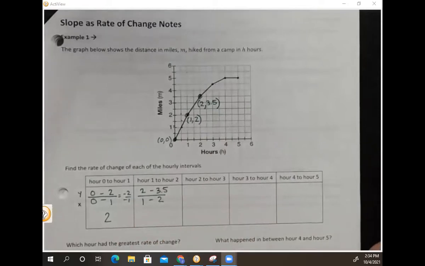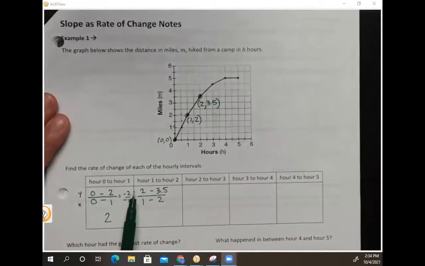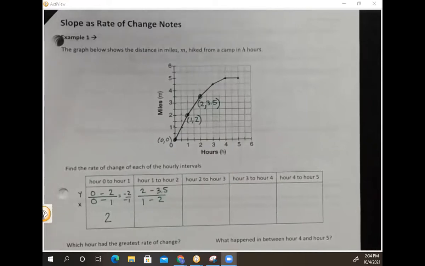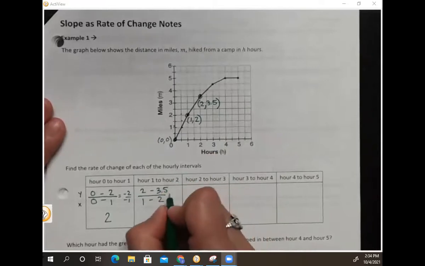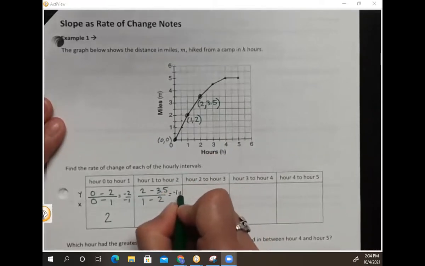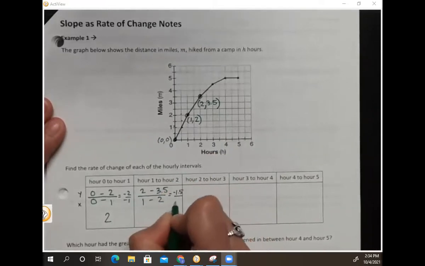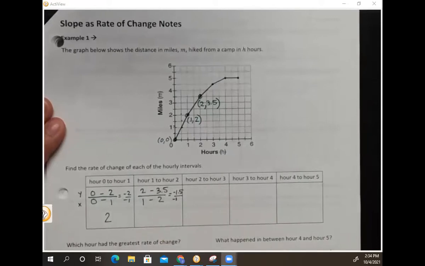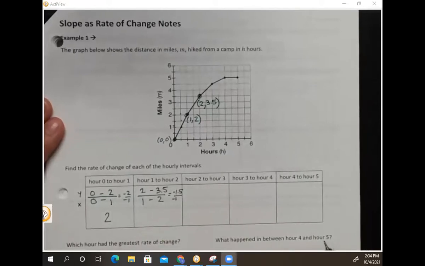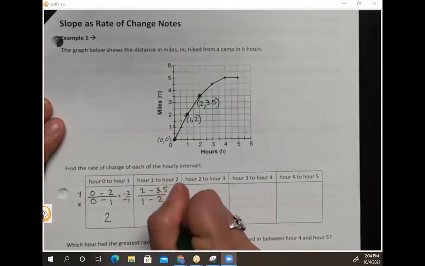And just as a reminder from last week, if you have the order switched on these, so you started with 3.5 over 2, and then you have 2 over 1 at the back, that's fine. You're going to simplify to the same thing. So here we would get minus 1.5 over minus 1. Again, negative divided by negative is a positive, and we'd end up with 1.5.